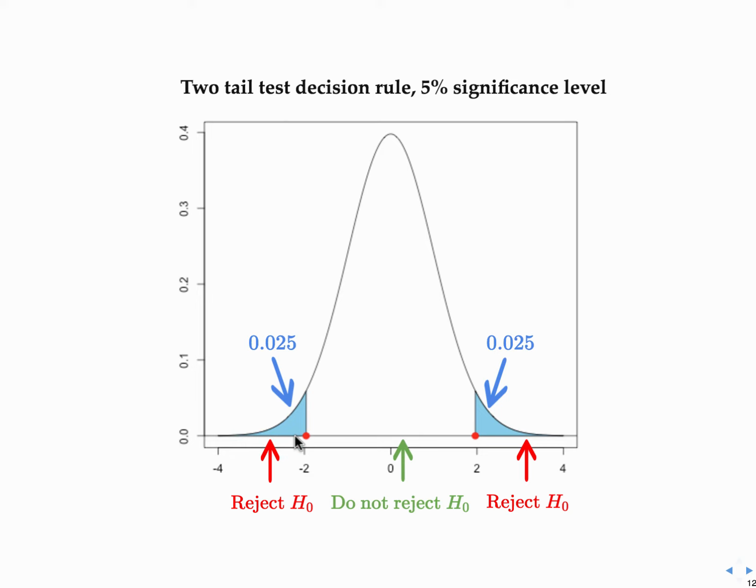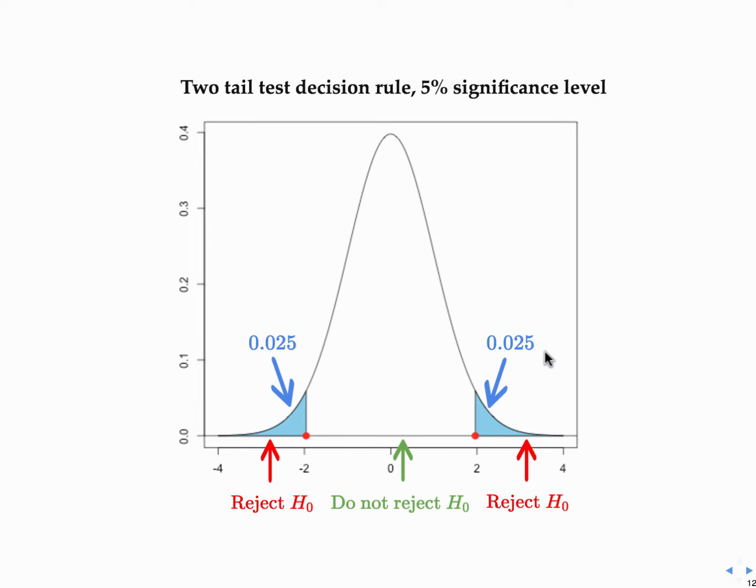So this is the two-tailed nature of this testing problem. Either large values in this tail of the distribution or small values down in this tail of the distribution will lead us to reject the null hypothesis. And when the null hypothesis is true, there is a probability of 0.025, okay, 2.5%, of ending up here, and a probability of 0.025 of ending up here.